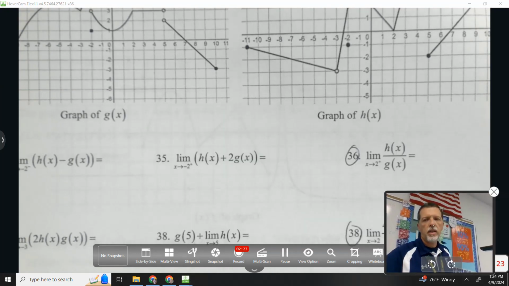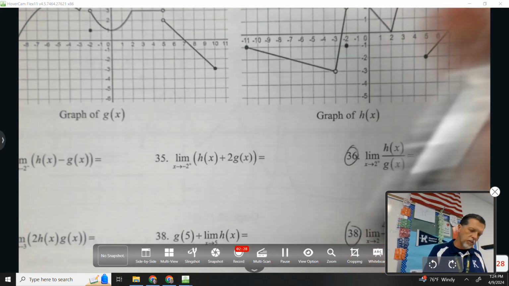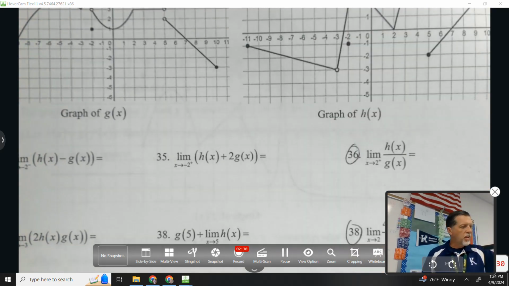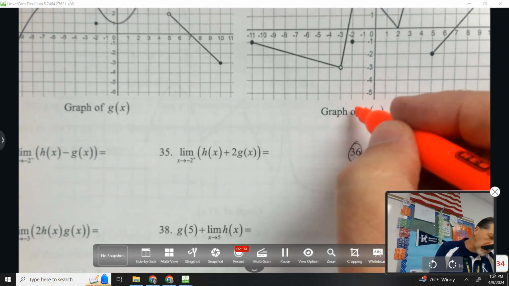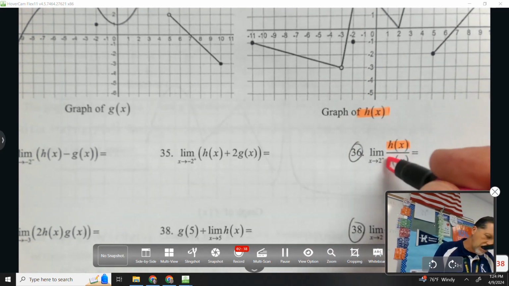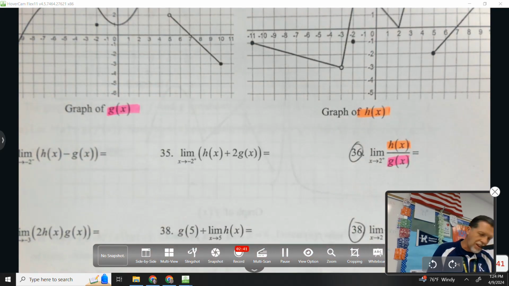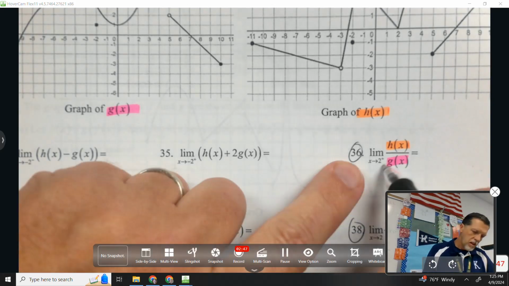Let's see. Limit as x approaches 2 from the right of h over g. You might remember me saying that the biggest issue with this is please make sure you look at the correct picture. I mean, maybe that seems dumb, but that's kind of the heart of the mistakes on these. So limit as x approaches 2 from the right on the graph of h.